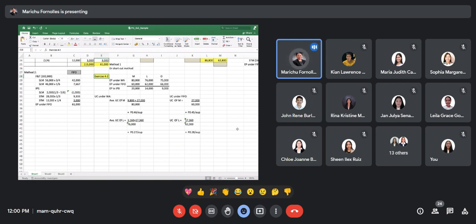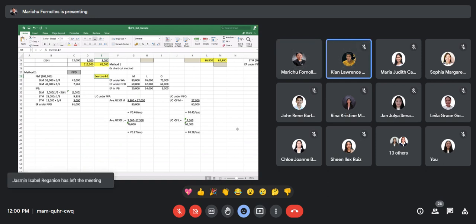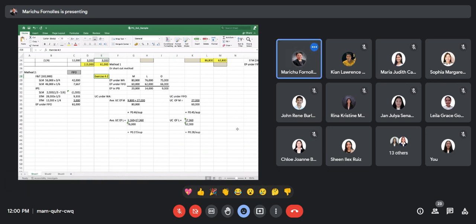Whereas the unit cost of overhead under first in, first out is 0.64 per equivalent unit produced.